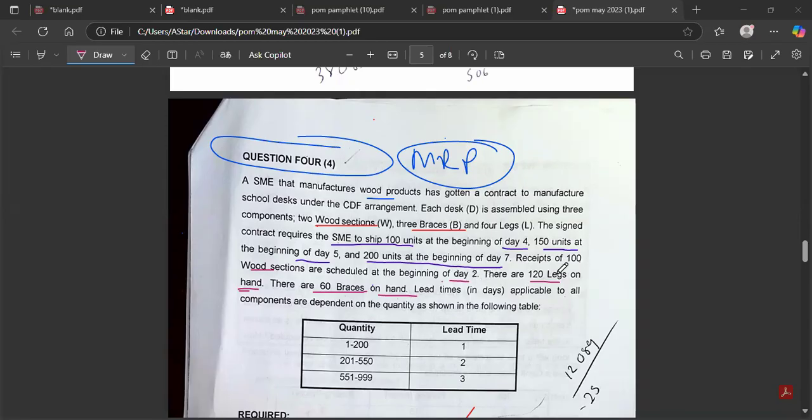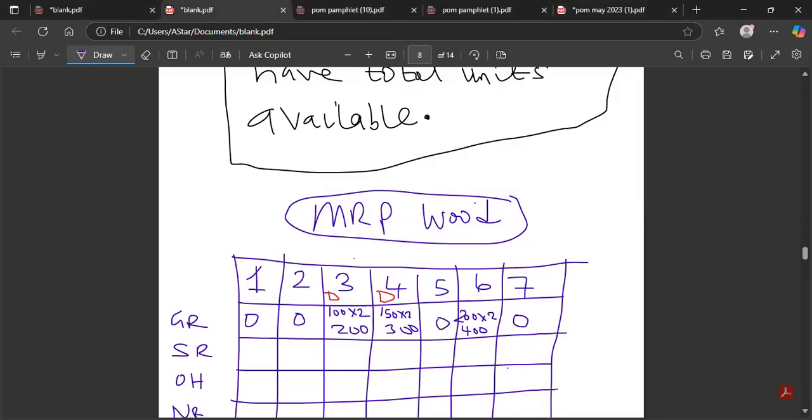So scheduled receipts, there is a 100. So you come here and say day 2, scheduled receipts is 100. Only, so meaning for the rest of these, scheduled receipts are none, you put zeros.